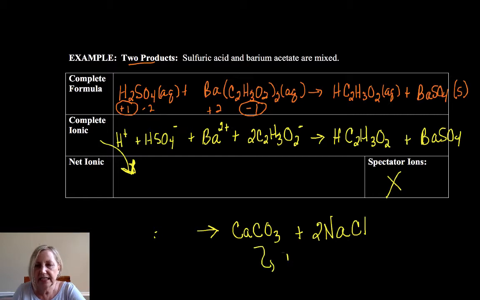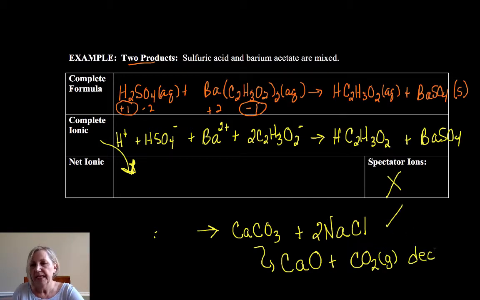Sometimes if this is heated, it can decompose. So every once in a while, you might see a little bit of a gas showing up in a double replacement reaction because it's followed by a decomposition. I'll talk more about that later on. Calcium carbonate wouldn't decompose too much if there was water present, but that is a possibility if the conditions are right. So you want to keep an eye on that if you're given data to warrant that secondary reaction.